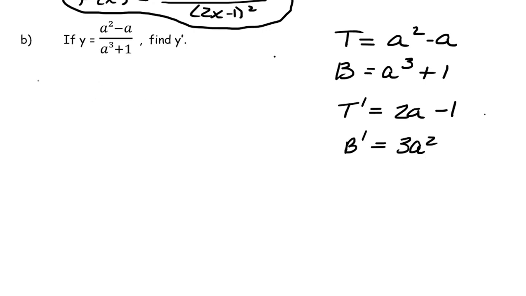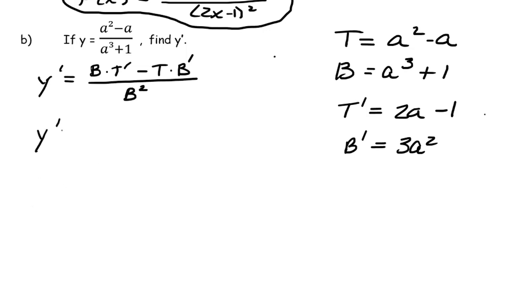Now we're going to write down the pattern. So we know that y prime is going to be bottom d top minus top d bottom. That's my short way of saying derivative of the bottom over the bottom squared. So plugging in what we know each of those is equal to, the bottom was a cubed plus 1.